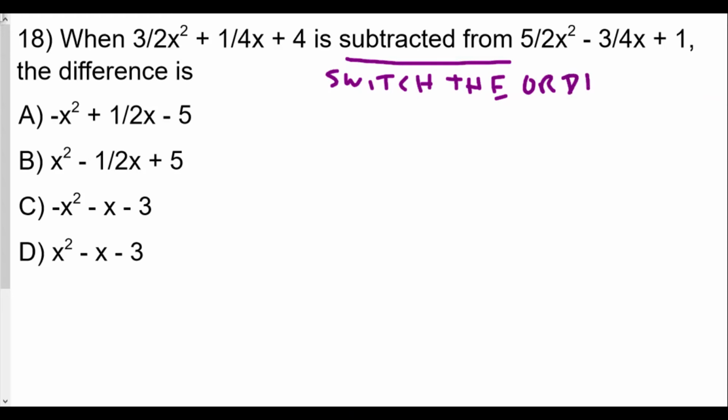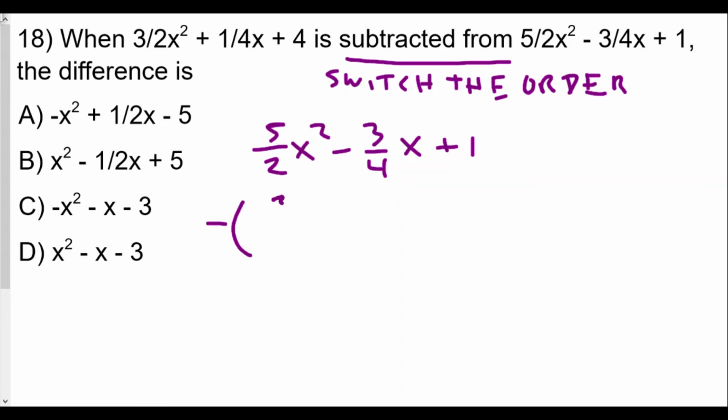And so instead of doing the 3/2 x squared plus 1/4 x plus 4 minus 5x squared minus 3/4 x plus 1, it's the other way around. It'll be 5/2 x squared minus 3/4 x plus 1 minus 3/2 x squared plus 1/4 x plus 4.